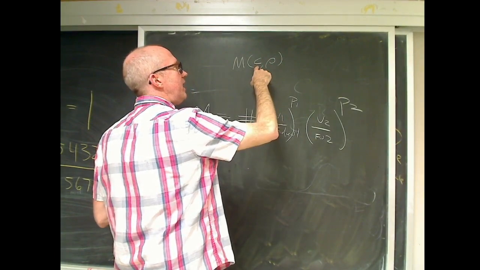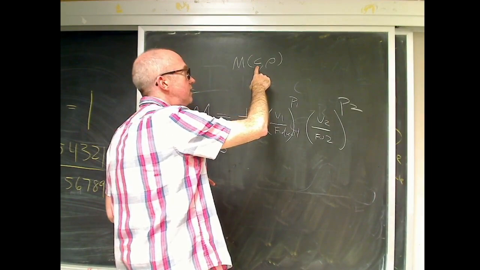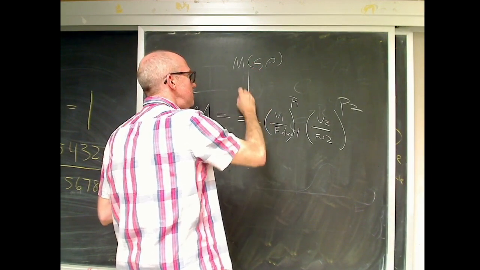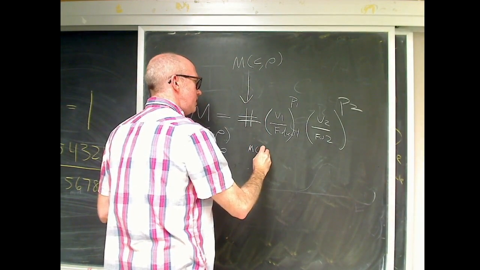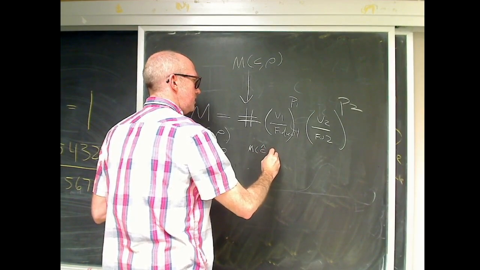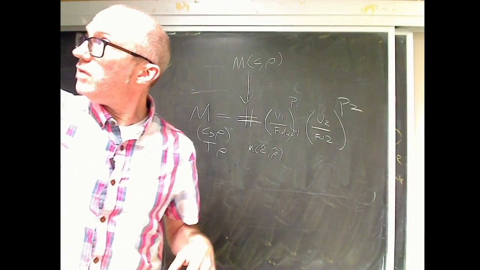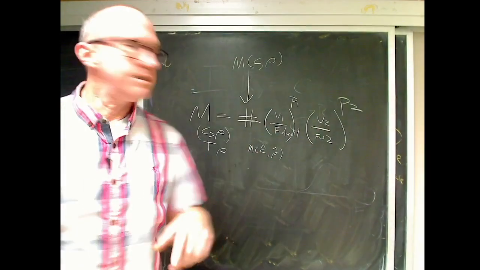I'm going to pick a fiducial value for this and a fiducial value for this and evaluate it. That gives me the number that's out front. So this is the Jeans mass at C hat and rho hat, where the fiducial values are 10 Kelvin and 10 to the 3 particles per cubic centimeter.